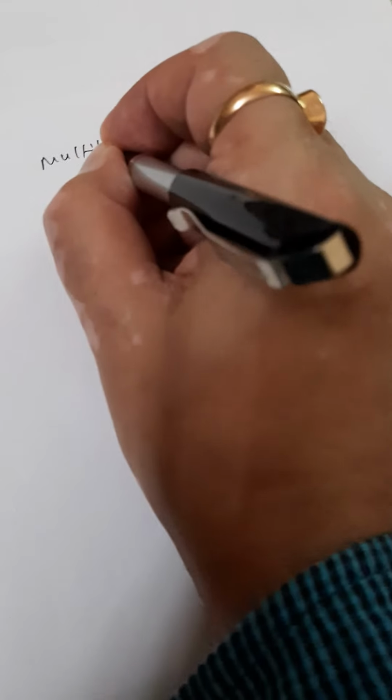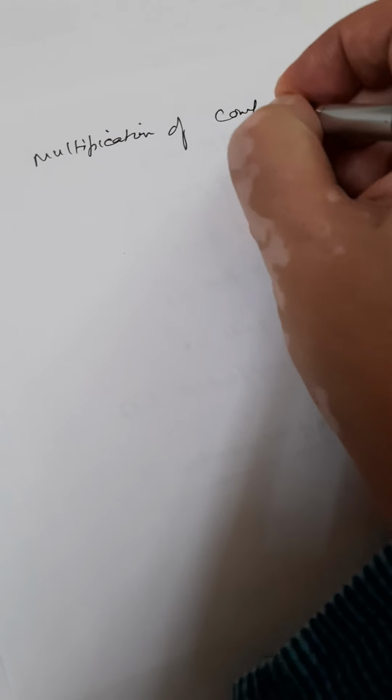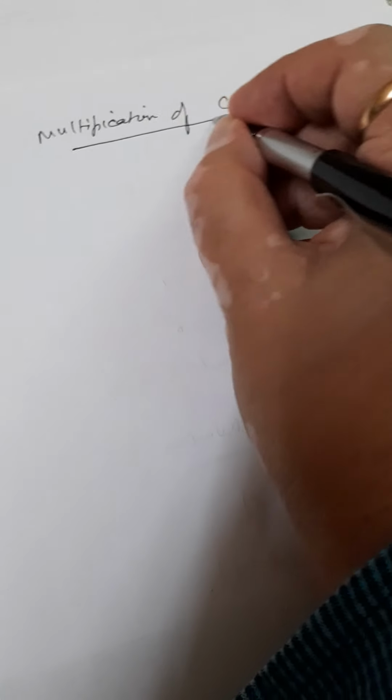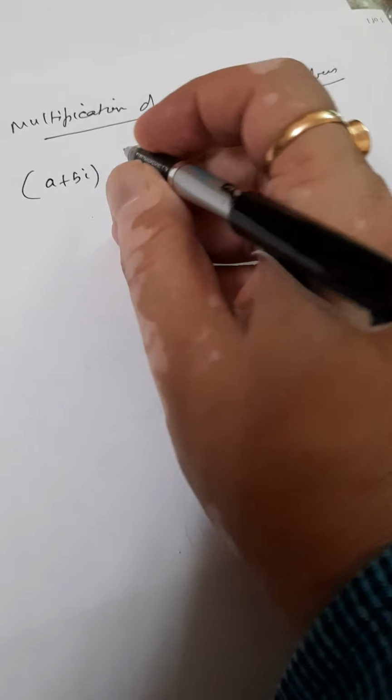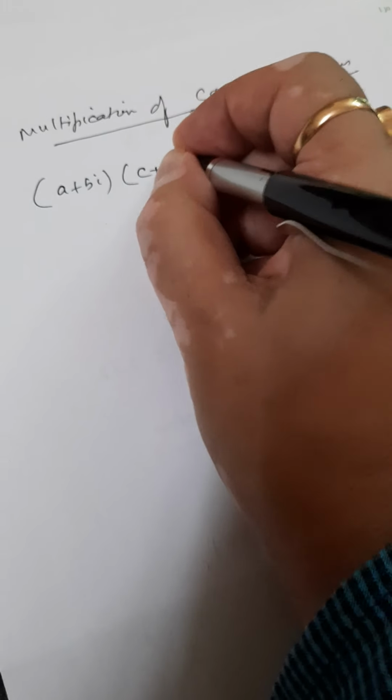Now class comes multiplication of complex numbers. In multiplication, you multiply two complex numbers, a plus iota b and c plus iota d.